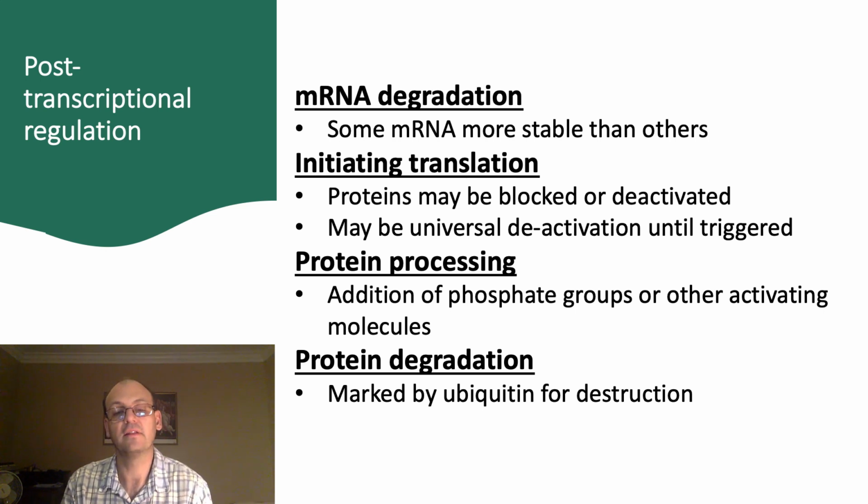Finally, the length of time that a protein is active can also be controlled by the cell. The cell may tag some proteins with another protein called ubiquitin, which instructs yet other protein complexes to degrade the marked proteins.